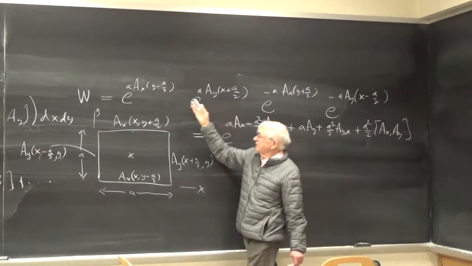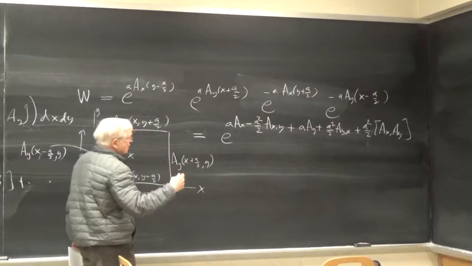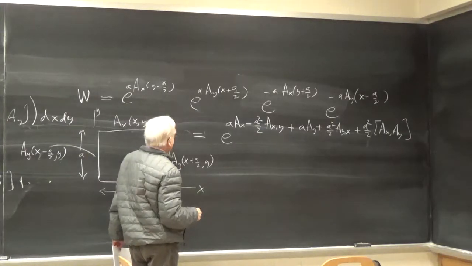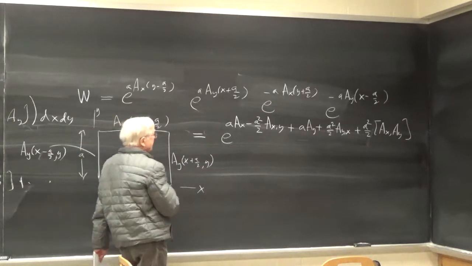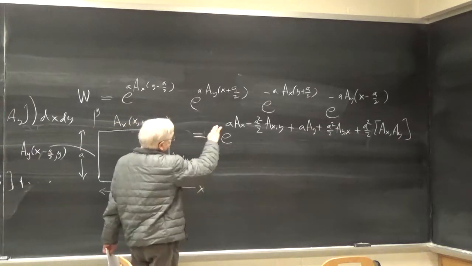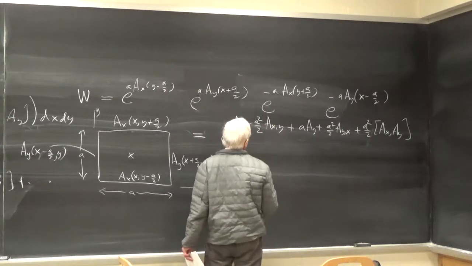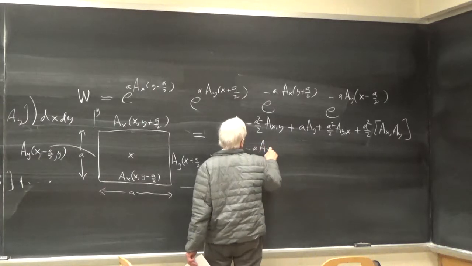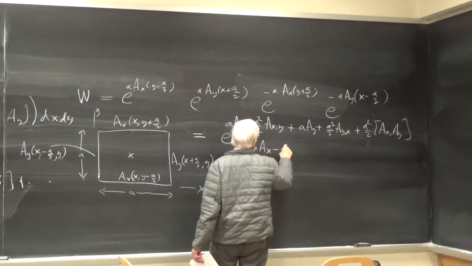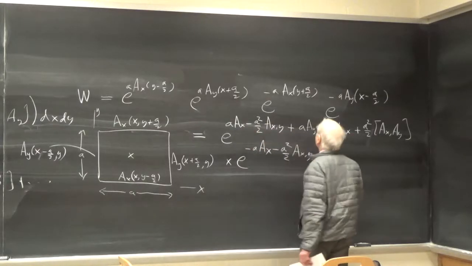And because we've already got a squared, I'm not keeping track of this. I'm referring everything to this point again. And then the product of the last two is minus a A_x minus a squared over 2 A_x comma A_y.